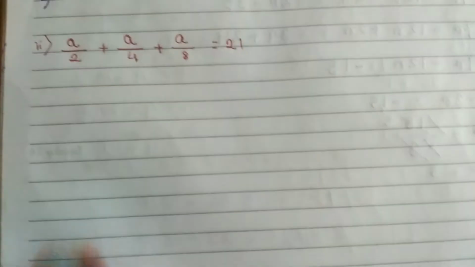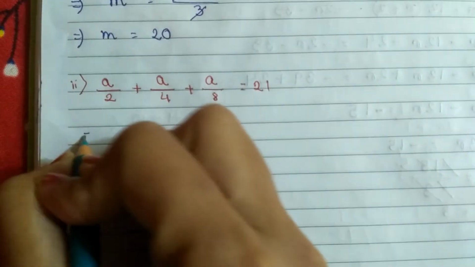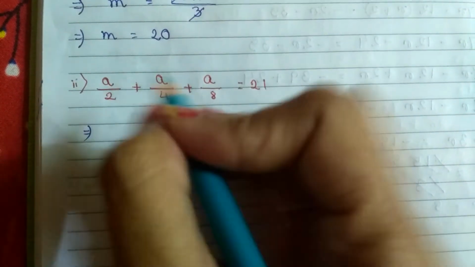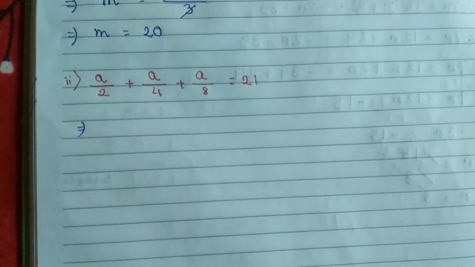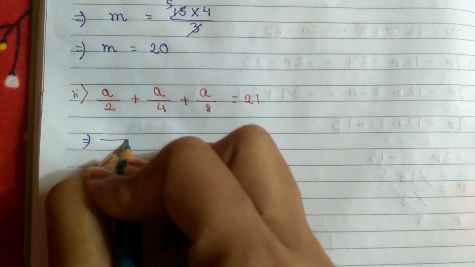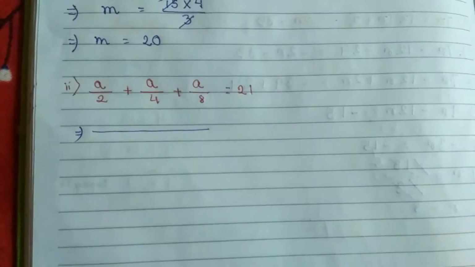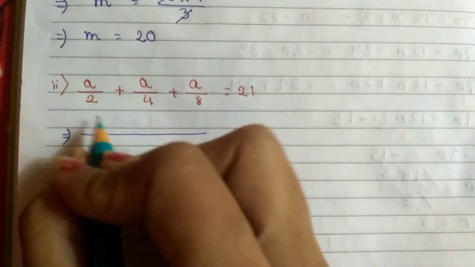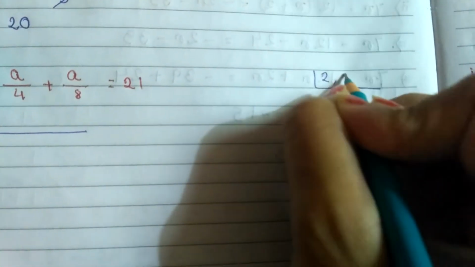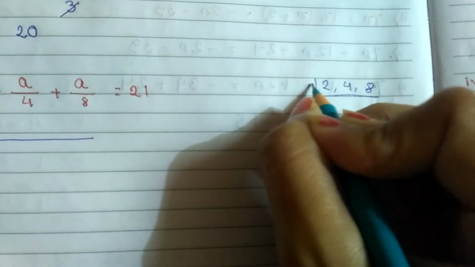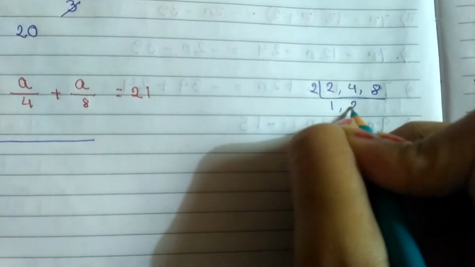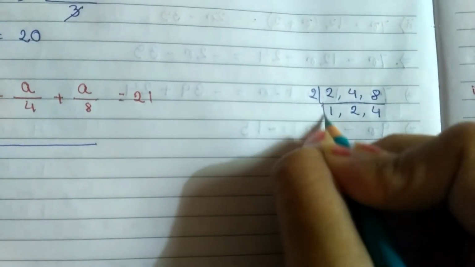Now we will go for some more questions. Now for this question, a by 2, a by 4 and a by 8. So now what we will do, we will take the LCM of all of them and we will do as we do fractions in algebra. You have already learned it in your previous chapter. So 2, 4, 8. 2 1s are 2, 2 2s are 4 and 2 4s are 8.